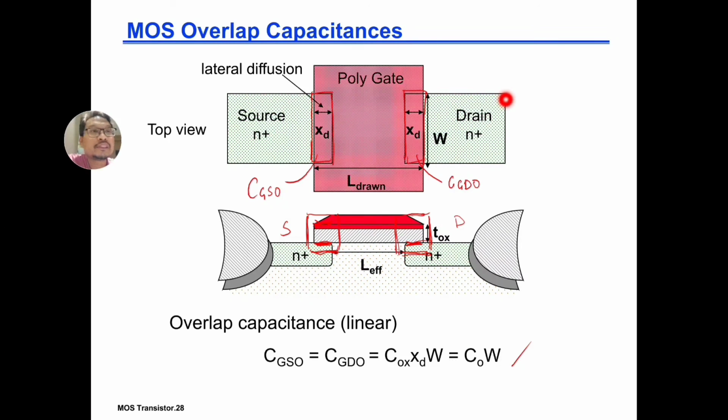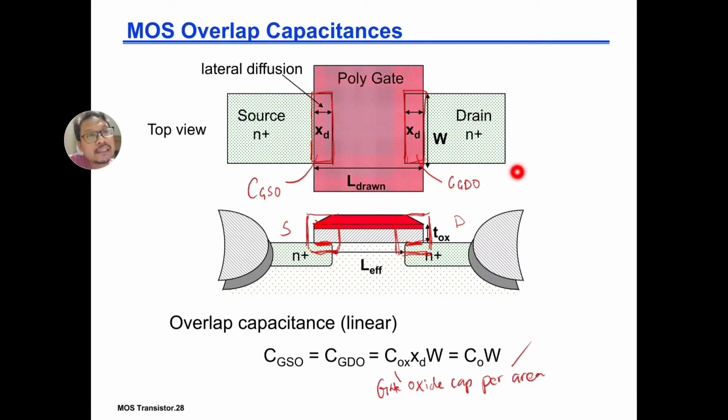What this equation is saying is that Cox is the oxide capacitance, the gate oxide cap per area.